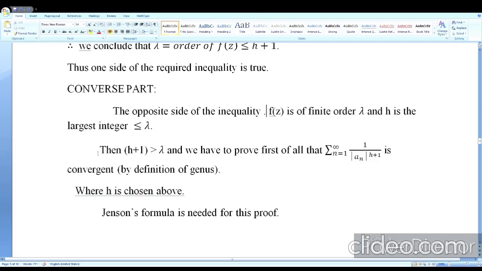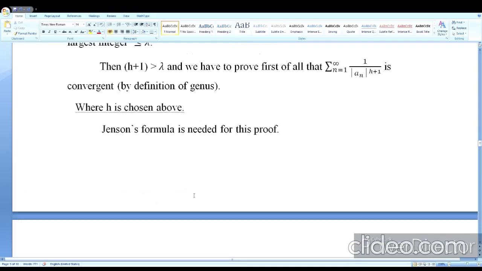Then we know that h plus 1 is greater than lambda, and we have to prove that the summation of 1 by modulus of a_n to the power h plus 1 is convergent. By definition of genus, if this is convergent only, the genus can be h, where h is as given. Jensen's formula is needed to prove this.